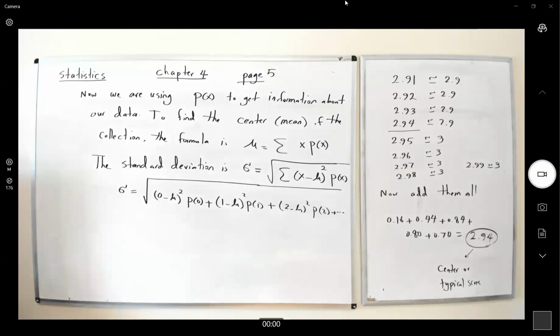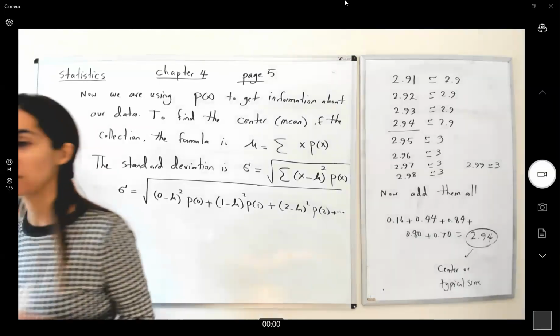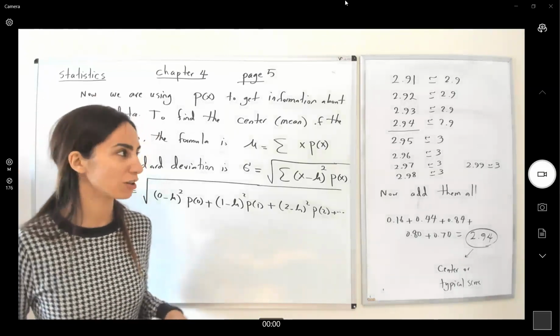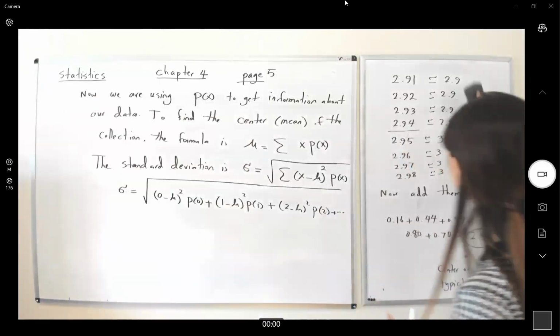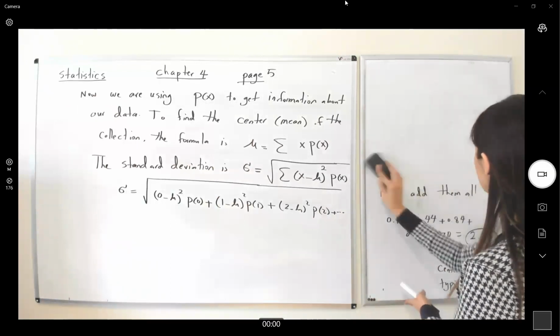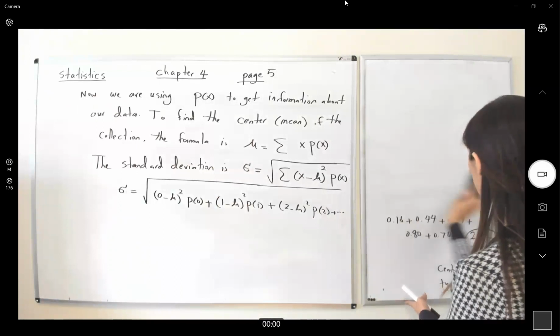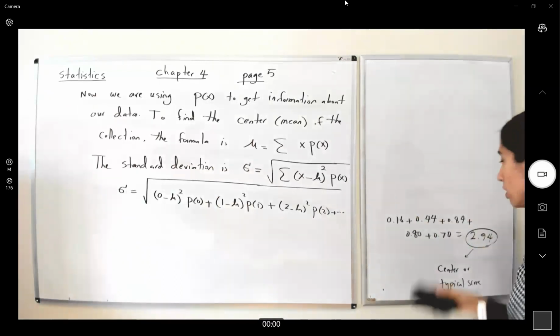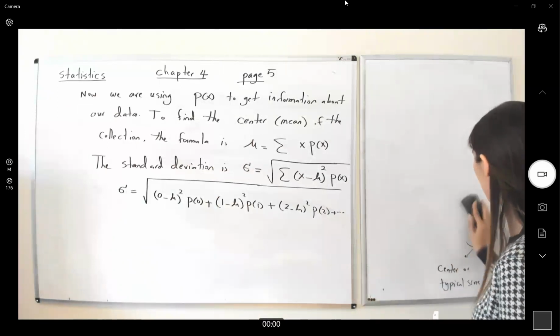Very well. Let's get back to our previous example. We're going to try to find the standard deviation for those scores that we have. Okay, let me write this here for you. And note that the mean that we found is 2.94. We already have 2.94.